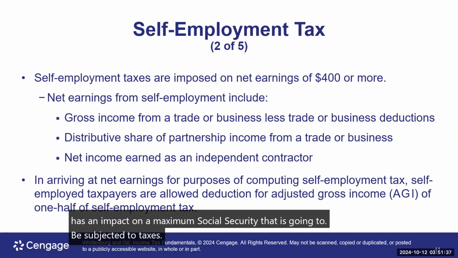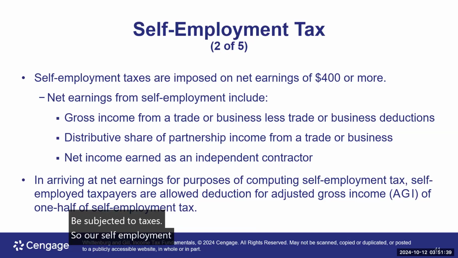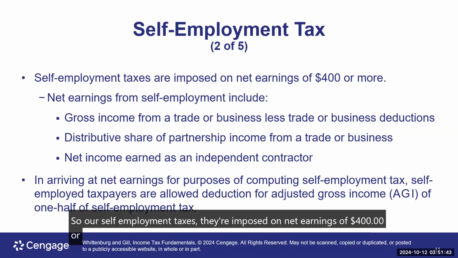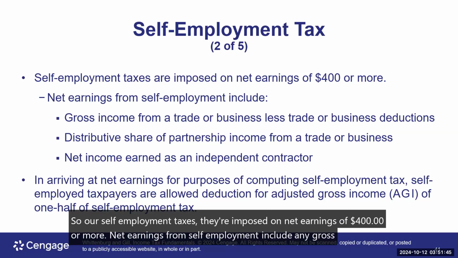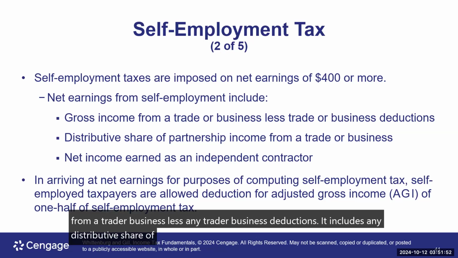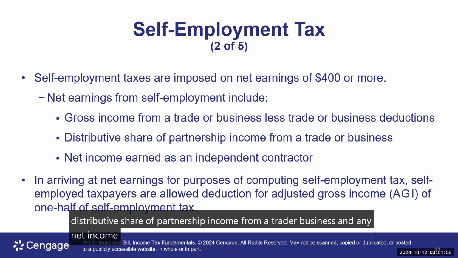Self-employment taxes are imposed on net earnings of $400 or more. Net earnings from self-employment include any gross income from a trade or business, less any trade or business deductions. It includes any distributive share of partnership income from a trade or business, and any net income earned as an independent contractor.